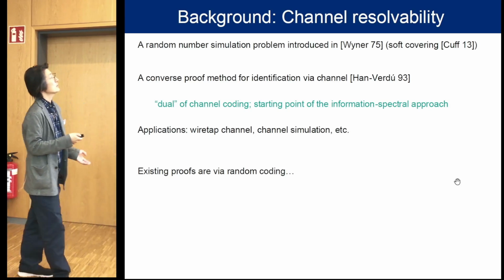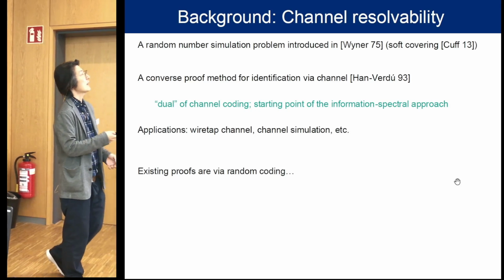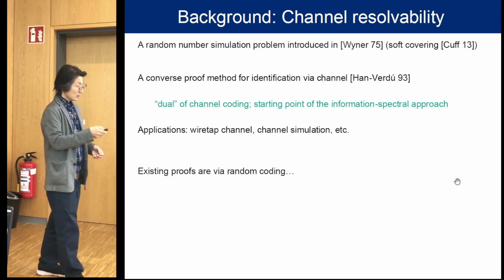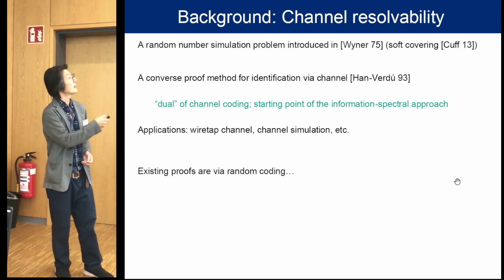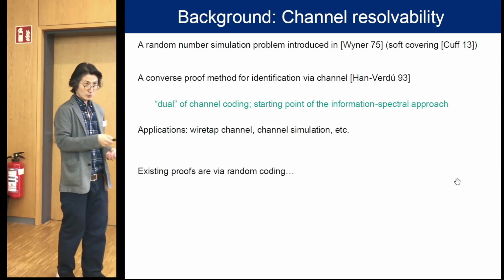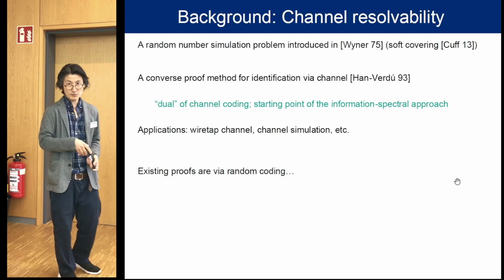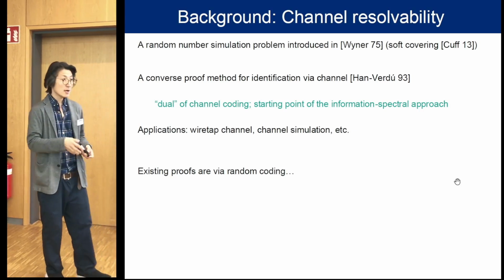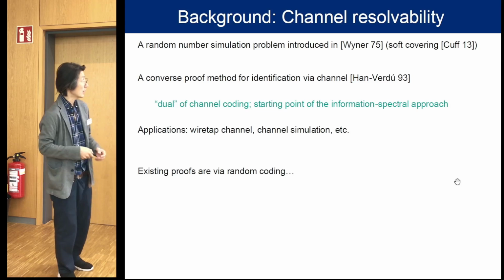His version is called, in modern terminology, soft covering, introduced by Cuff. And the terminology of channel resolvability was introduced by Han and Verdú, as a converse proof method for identification via channel. I'm going to explain more detail about this connection later.